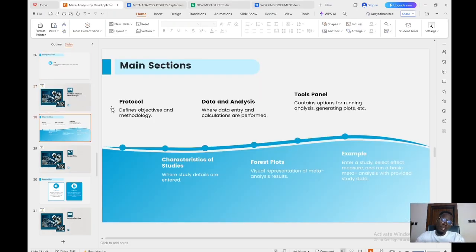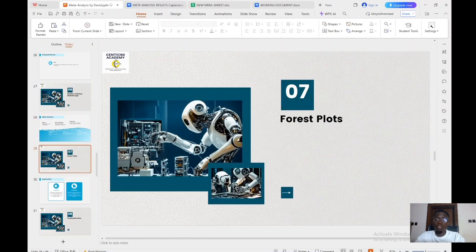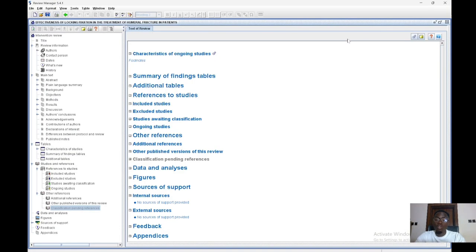I will say that you need to write a protocol first, but we don't really need that now. We've got data and analysis and all that. So now the very first thing we might need to do is to add studies, right?